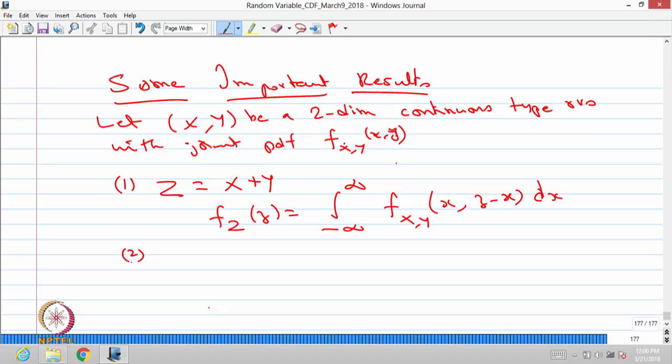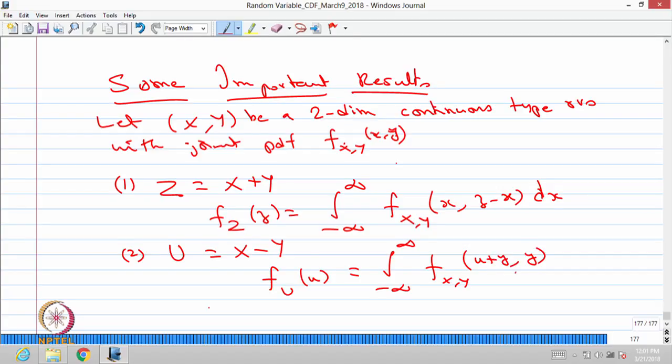The second result: suppose I have another random variable U, that is nothing but the difference of the two random variables X and Y. Then the probability density function of U, as a function of u, is going to be the integration from minus infinity to infinity of the joint probability density function of (X, Y) by replacing x by u plus y and keeping the other variable y as it is, integration with respect to y.